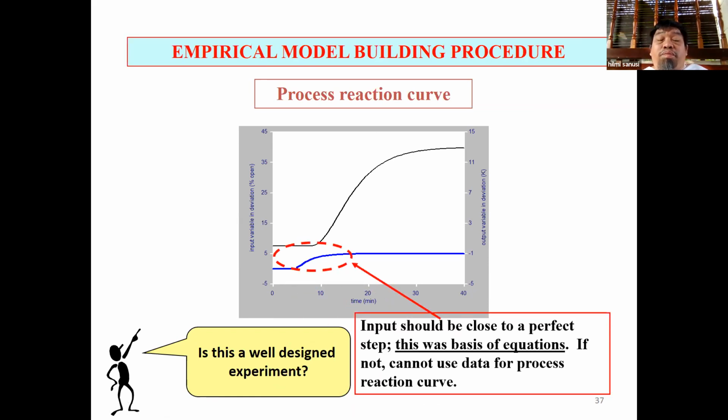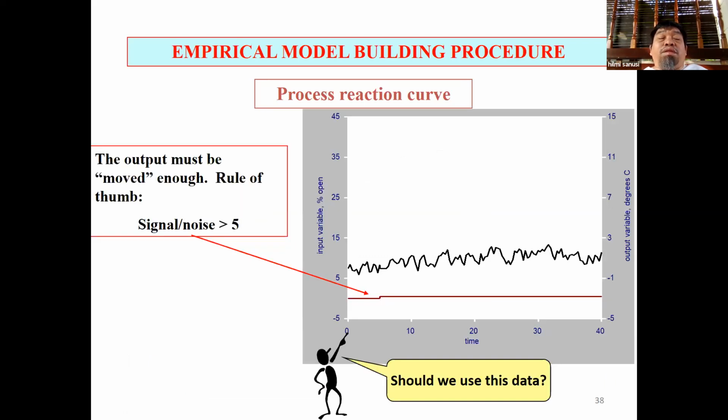So this is the dead band. So this input should be close to a perfect step, but this was basis of equation. So if not, we cannot use the data for process reaction curve. This is empirical, so sometimes you just have noise, so the output must be moved enough.